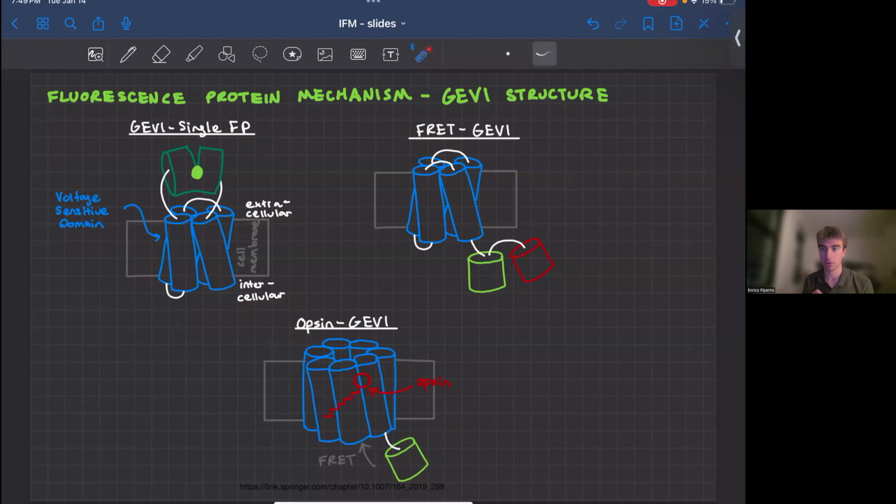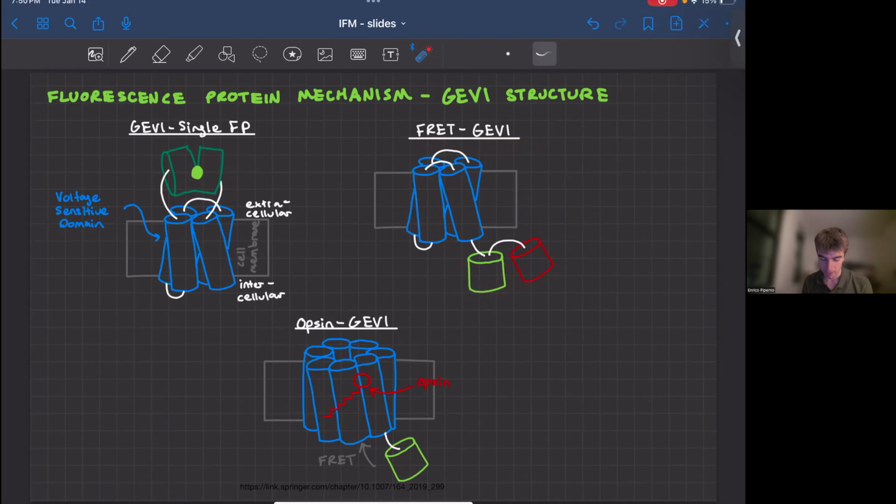In a single fluorescence protein, the voltage-sensitive domain opens and closes the beta barrel, restricting the chromophore, thus allowing for a variable intensity change of the green fluorescence protein. In a FRET voltage indicator, the voltage-sensitive domain brings together the donor and acceptor fluorescence indicators.